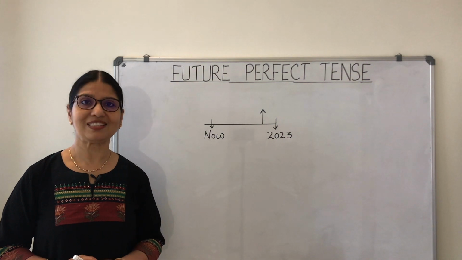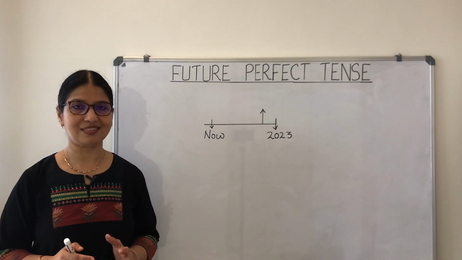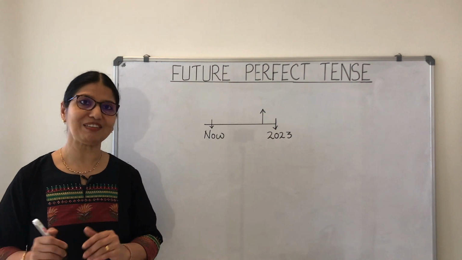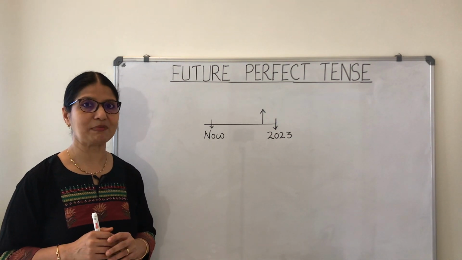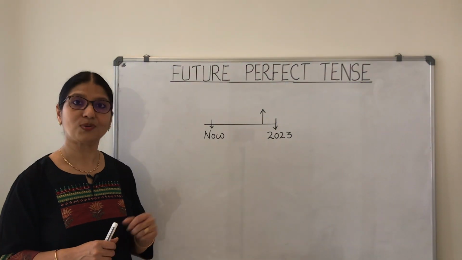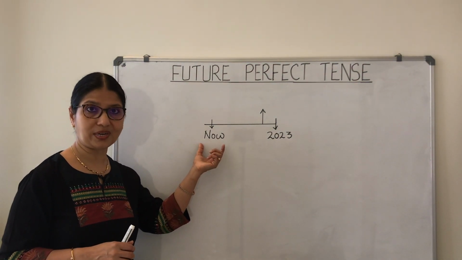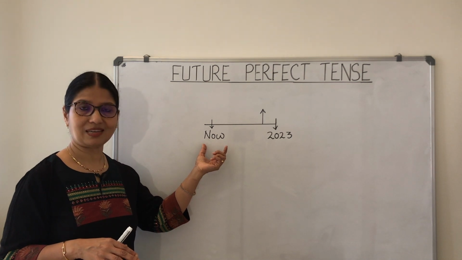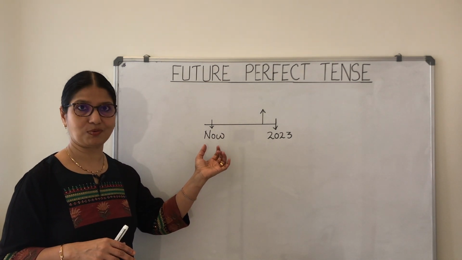The future perfect tense is used to talk about actions that will be completed before some other point in the future. To explain this concept better, let me use a timeline. So now we are in 2021 at present time, and imagine I have joined a university now.